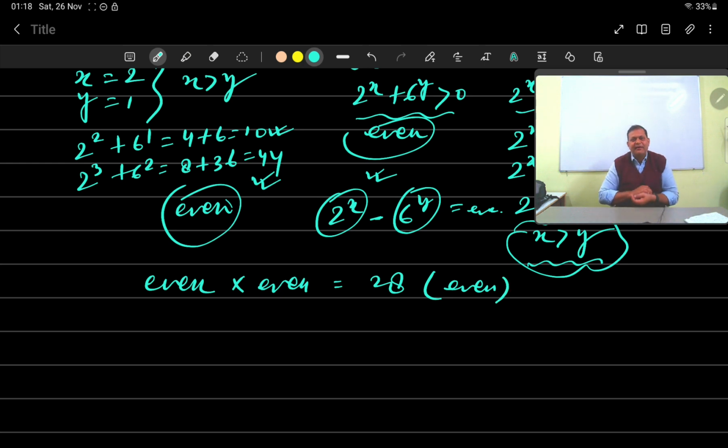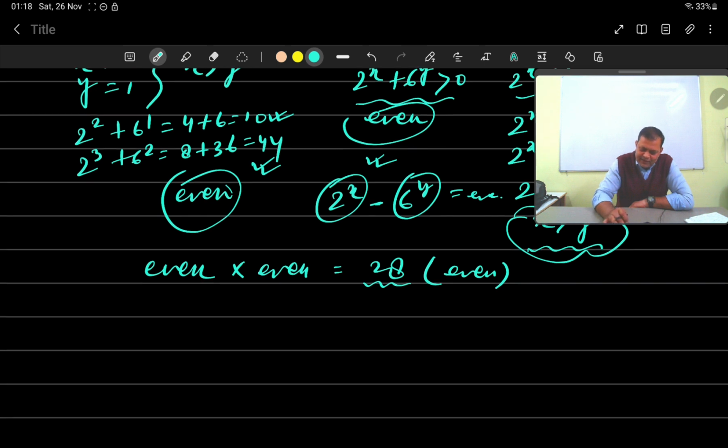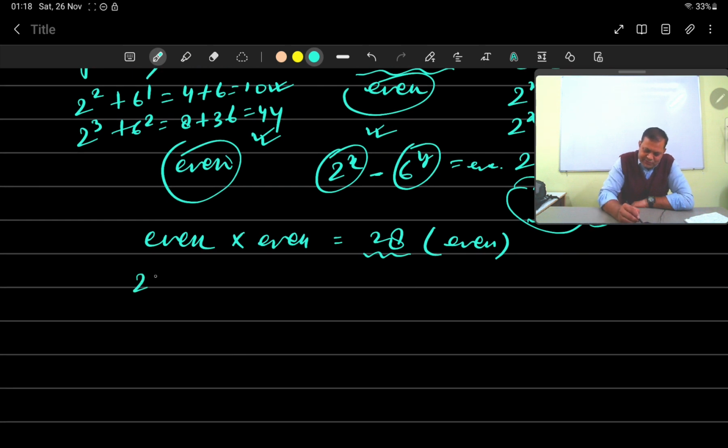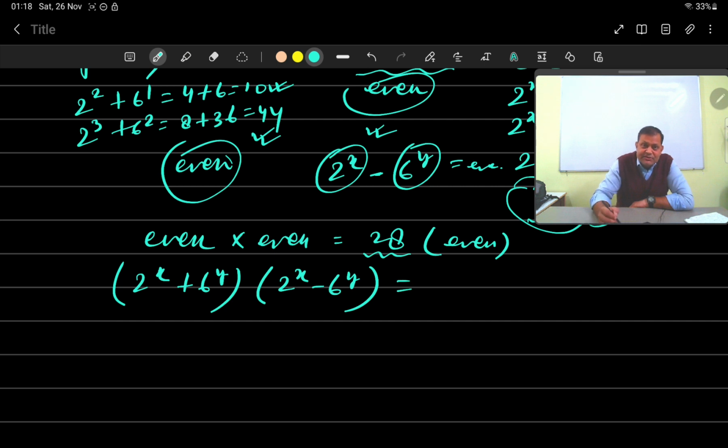Okay, so now you have to use a concept and factorize 28 in such a way that you can get two even numbers in their factors. So now you can write here 2 to the power x plus 6 to the power y multiplied by 2 to the power x minus 6 to the power y equals, what is the factor of 28?